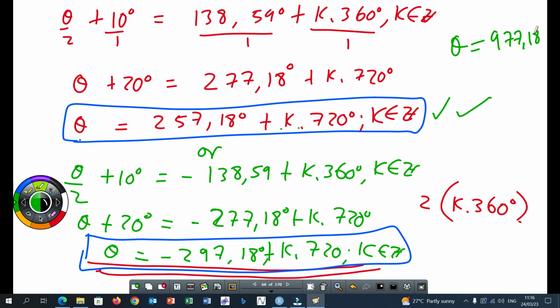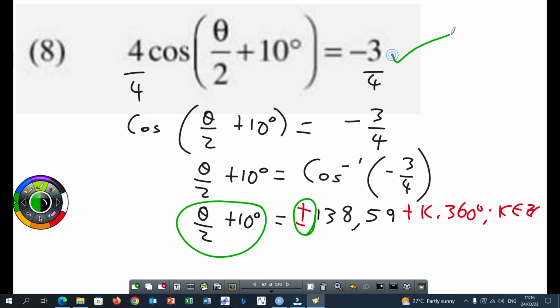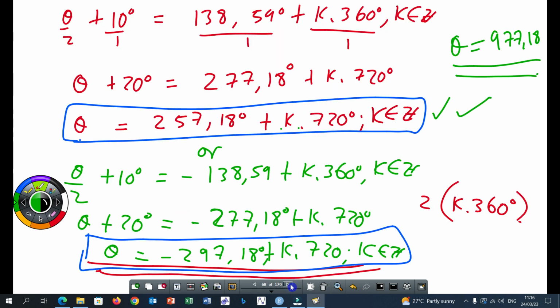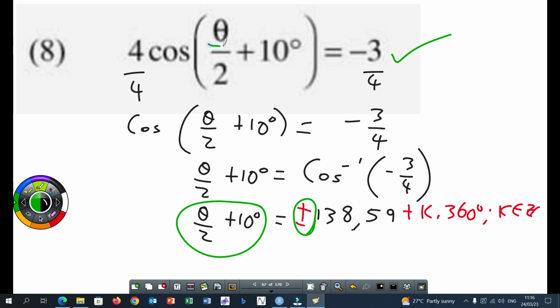Please be aware that because we rounded this off, it might affect our answer slightly, but can you substitute this into the original equation? Put theta there. I said, let's say k is 1. It means 1 times 720 plus that, we get this. So take this angle here, substitute it into the original equation.